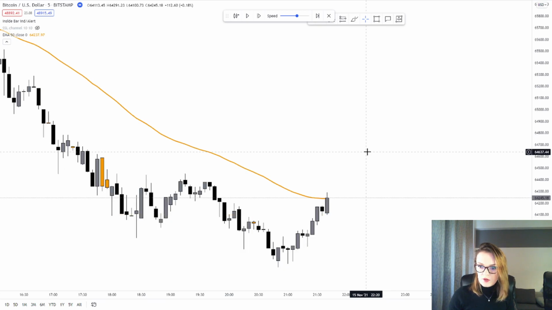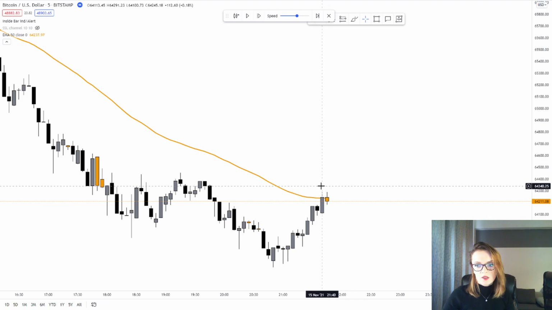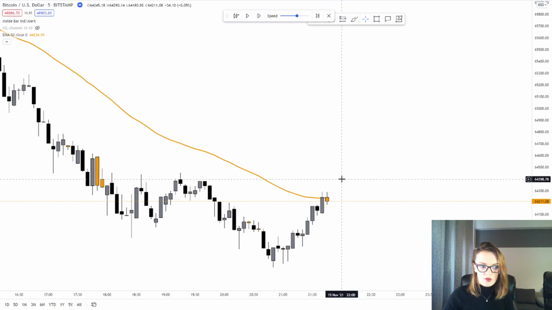Okay, so here we have a retest on the 50 EMA, but as we can see, there is no bearish engulfing formed here, so we are not yet interested in any position.